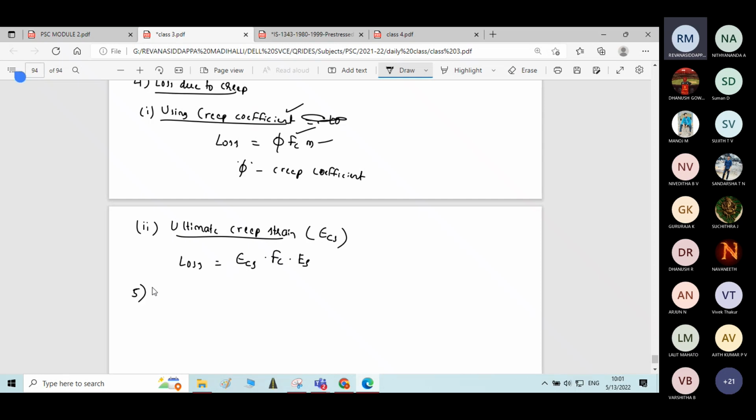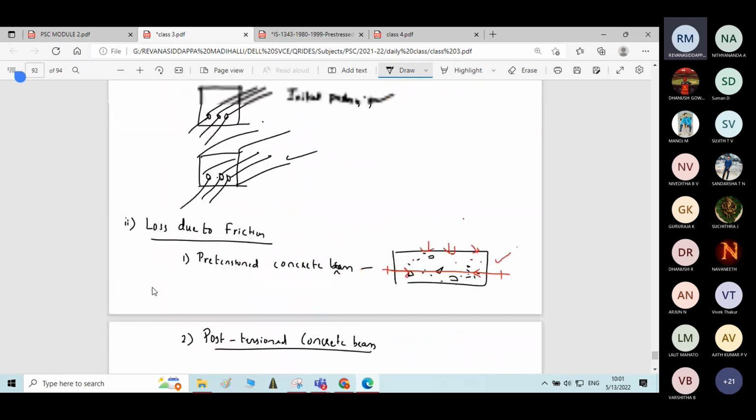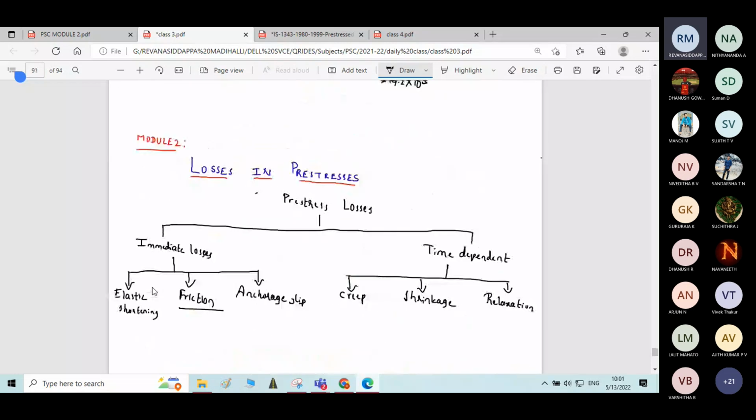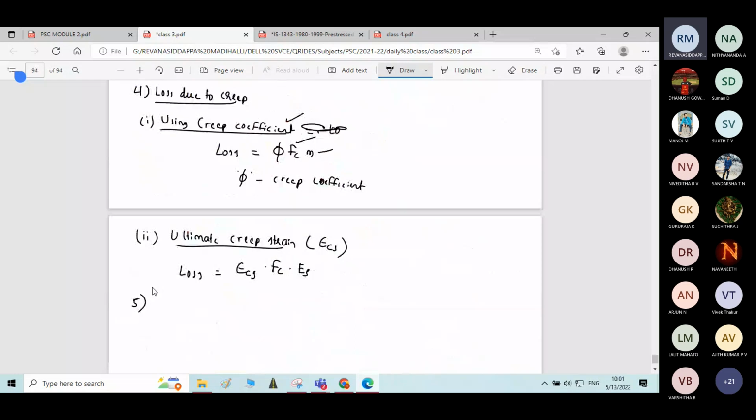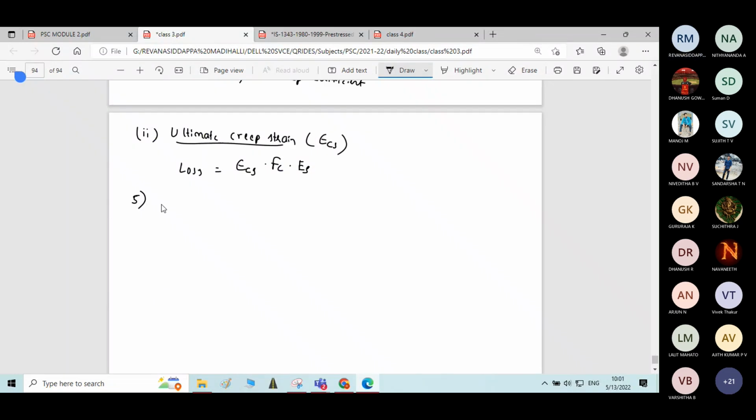Moving on to the next type of loss, it is loss due to shrinkage.